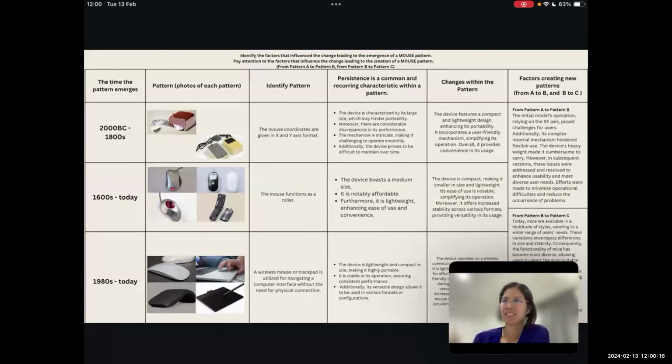Okay, for this, the options of mouse. Okay, so the pattern A, the mouse is so heavy and convenient, given X and Y in a format. So this has a choice this way.